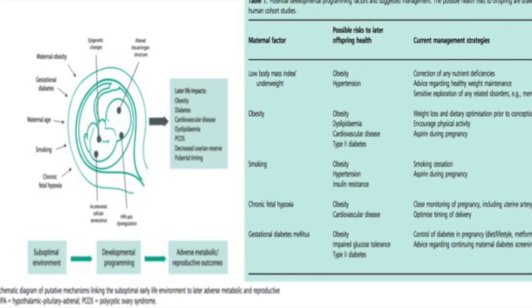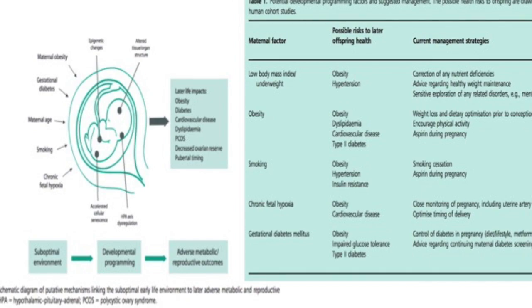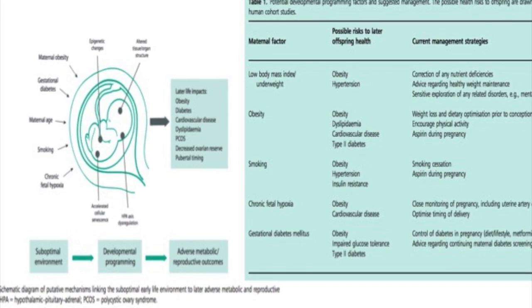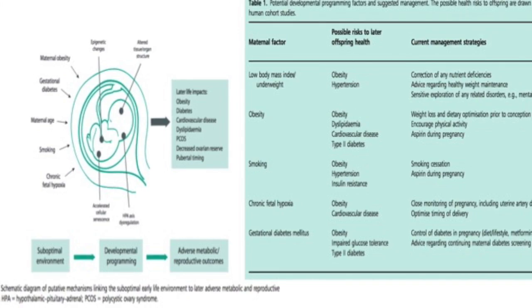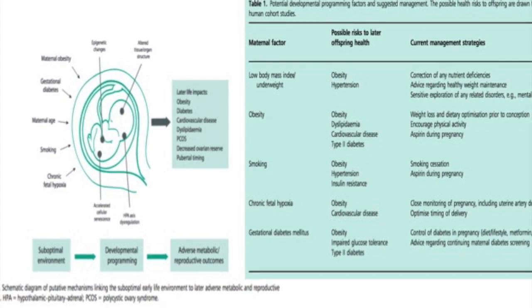Things like maternal obesity, gestational diabetes, maternal age, smoking, and chronic fetal hypoxia all lead to accelerated cellular senescence, HPA axis dysregulation, epigenetic changes, and altered tissue and organ structure, which then later in life impacts and causes obesity, diabetes, cardiovascular disease, dyslipidemia, polycystic ovarian syndrome, decreased ovarian reserve, and altered pubertal timing.